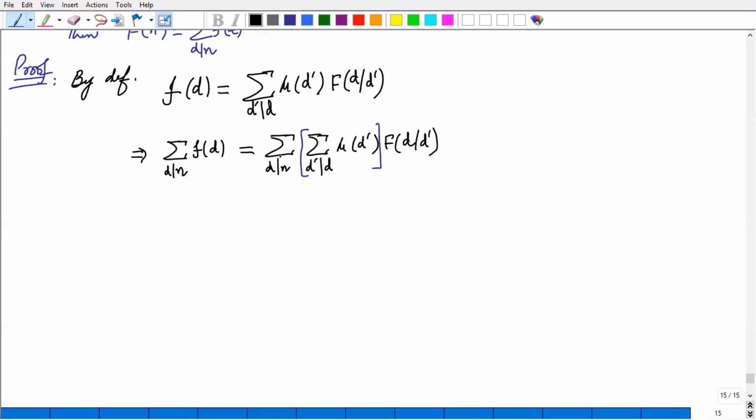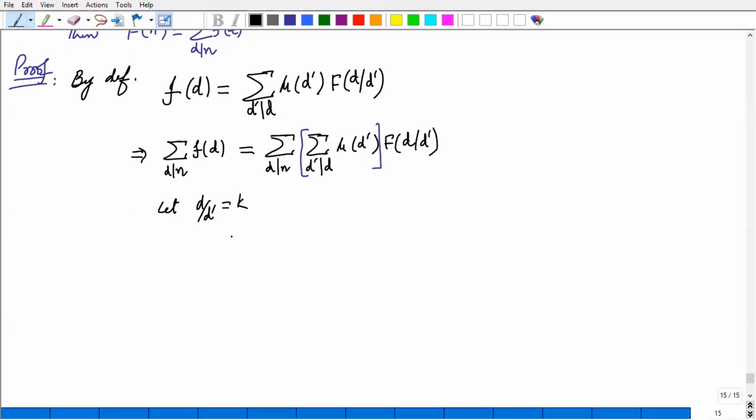Anyway, so this is d over d prime. So for that we assume let d by d prime equal a new integer.